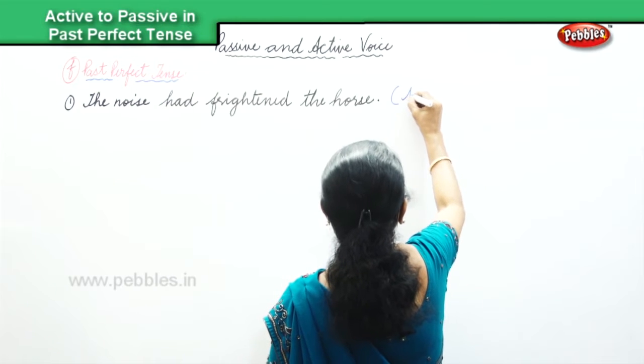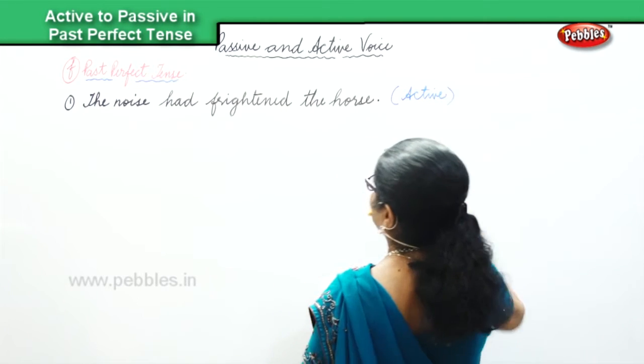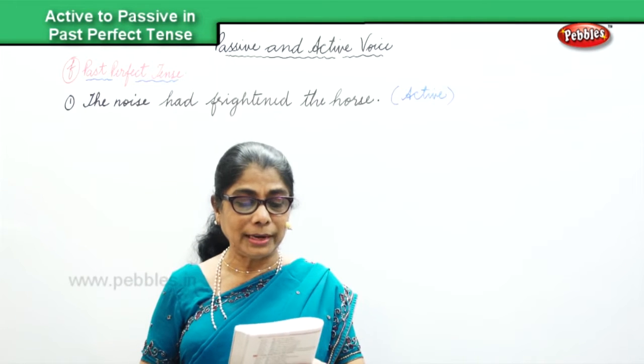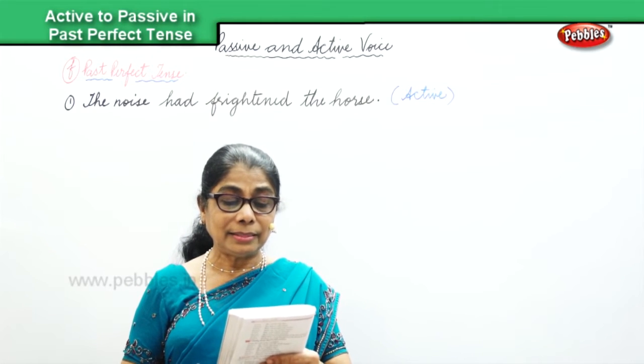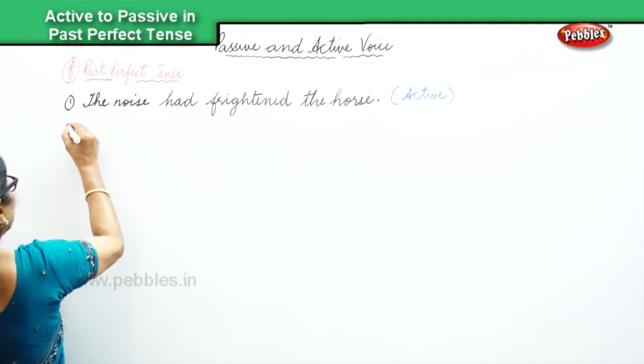That is active. And now we're going to change it into passive in the past perfect tense. Now, how will we write that? The horse had been frightened. Very good.